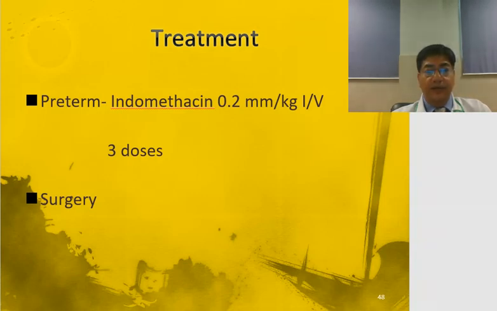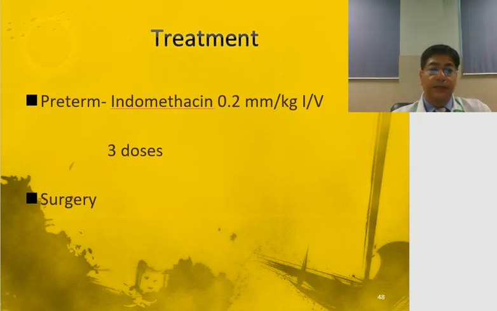Now we can give alternative medicines with fewer side effects, as indomethacin can cause renal damage or injure the premature gut. So you may use ibuprofen, or more recently paracetamol. The dose is 10 milligram per kg 3 times a day for 3 days.